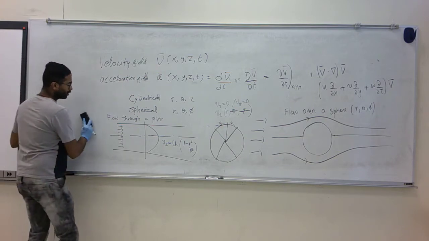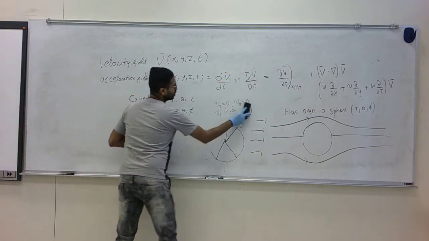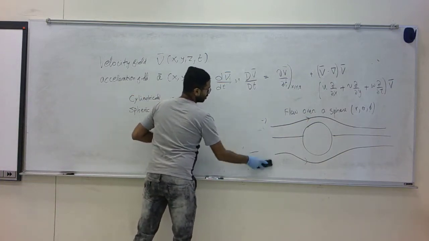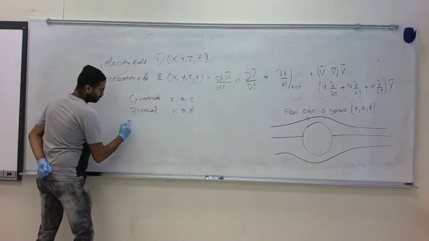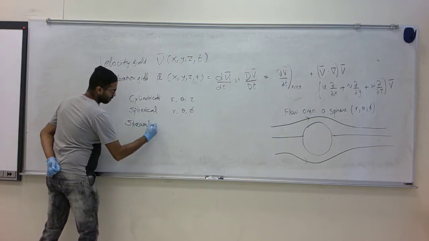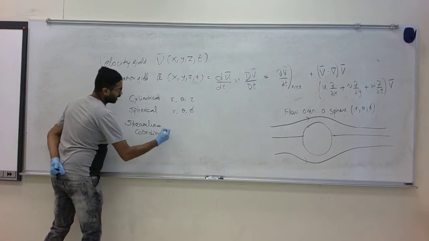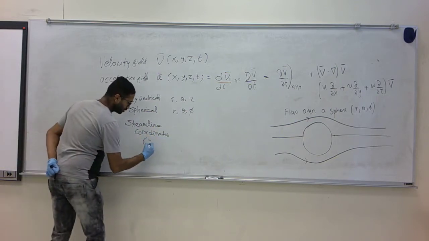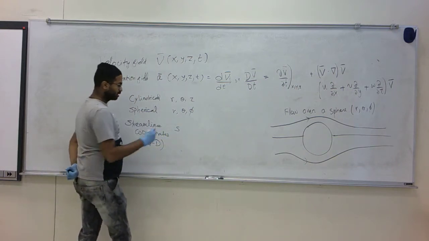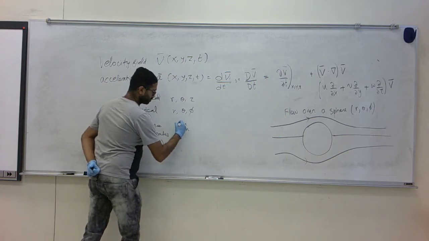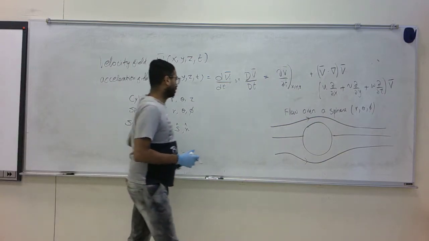Okay, so let me introduce a coordinate system which is called streamline coordinates. It is usually used for two-dimensional flows. It has two coordinates, one being the streamwise direction and the other being the normal direction. Now what do I mean by streamline coordinates?